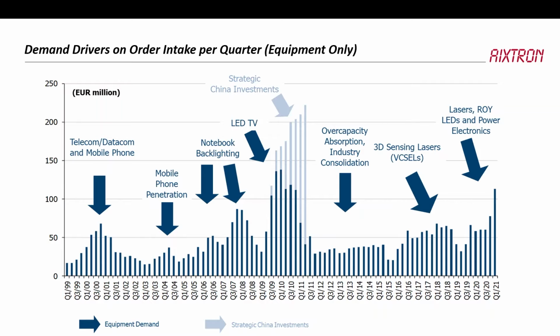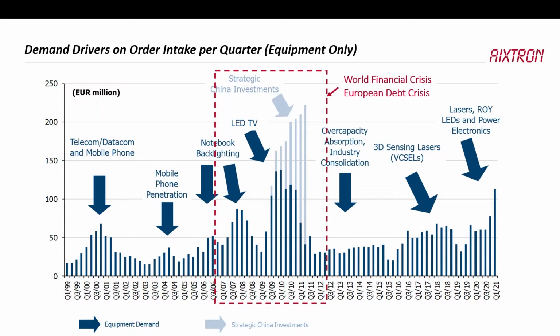This was very big, by the way. This was the world financial crisis. It's actually been some of our juiciest years. And then it dropped off again. And nowadays we're talking about lasers, power electronics, as well as micro LED displays.